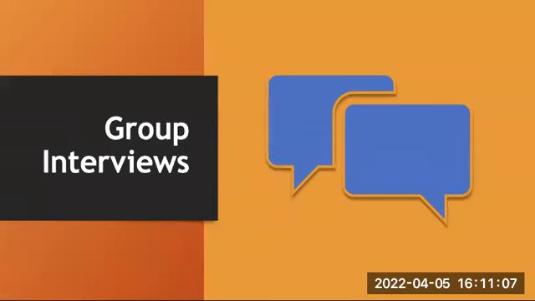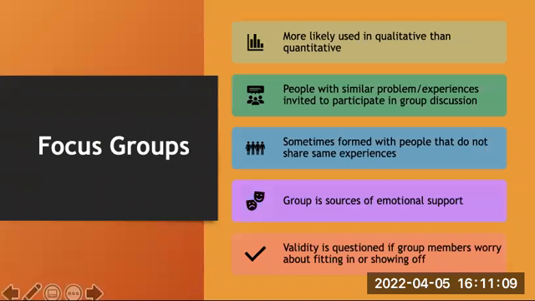Another way is doing group interviews or focus groups. A common form of in-person group data collection is called focus groups, and you use these to gain insights from the clients, staff, and others who have formed opinions about certain experiences, problems, or social programs. Focus groups are more likely to be used in qualitative studies than quantitative ones.